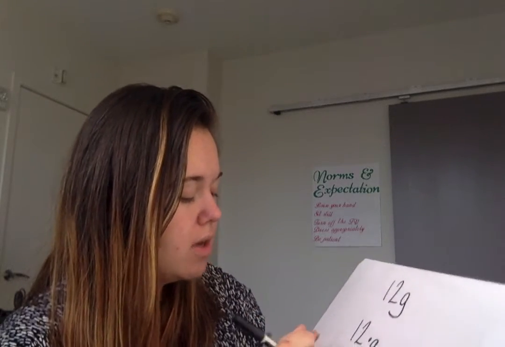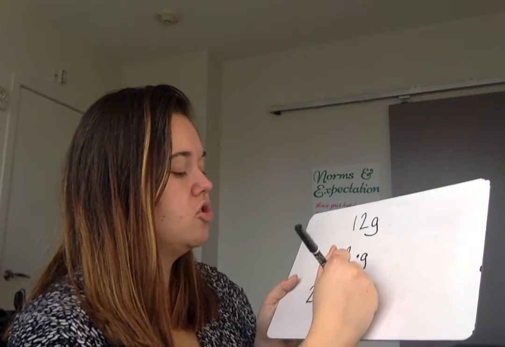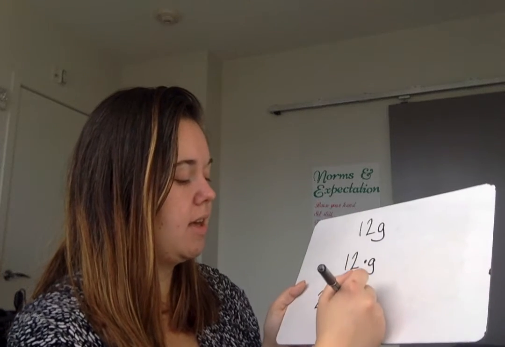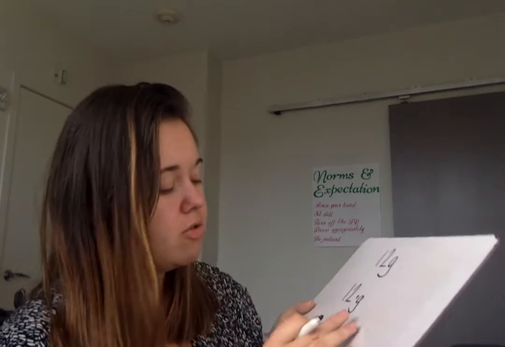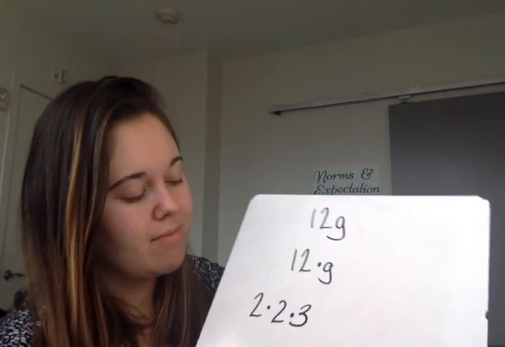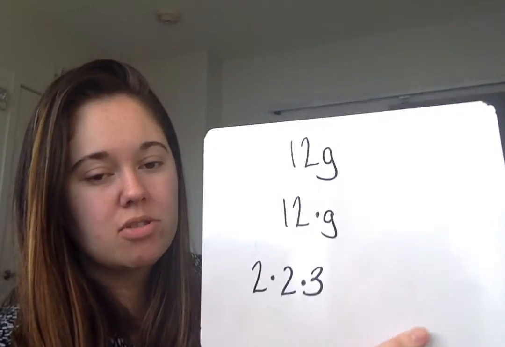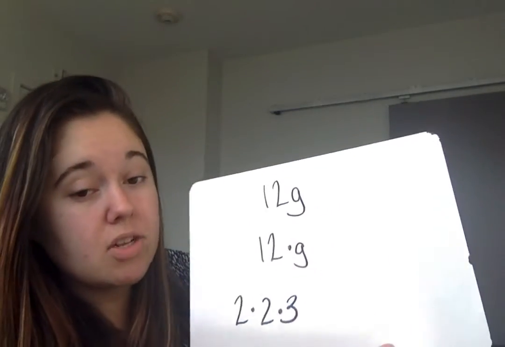So I'm thinking, what if I do 2 times 2 times 3? That makes sense, because 2 times 2 would be 4, and then times 3 makes it 12.